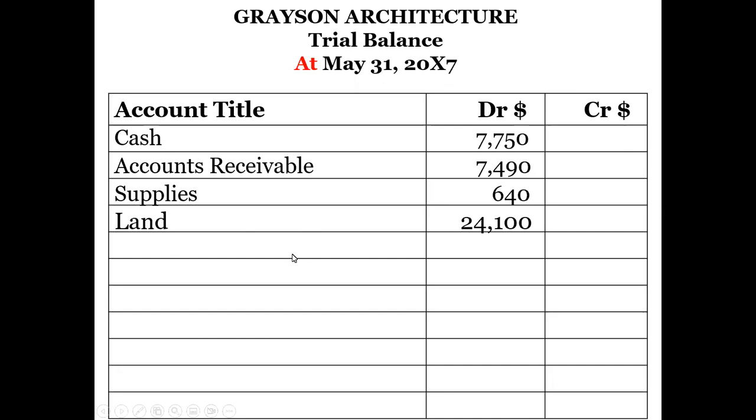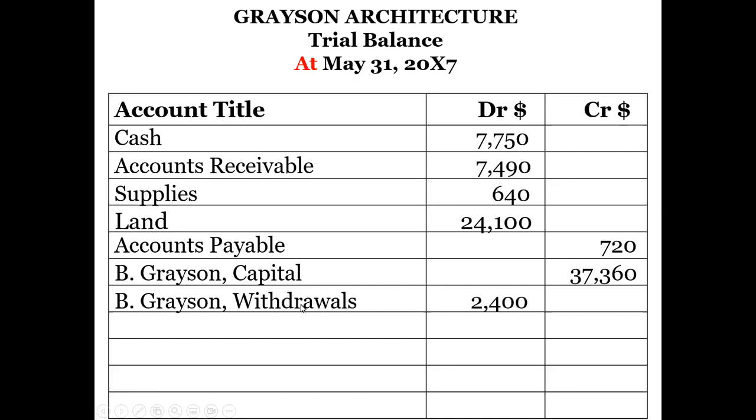Next, liabilities. The liability account that we have in this question is accounts payable, and it has a credit balance of 720. We are just picking them up as they are from those T accounts. Next, we go to our capital account. B Grayson Capital has a credit balance of 37,360. Remember that that is made up of the beginning capital plus the additional investment.